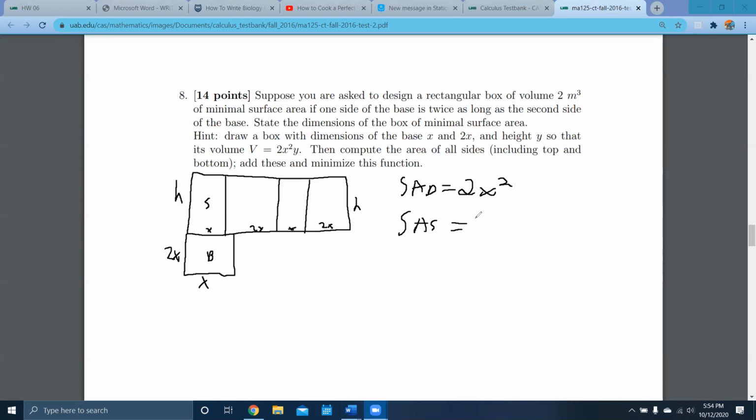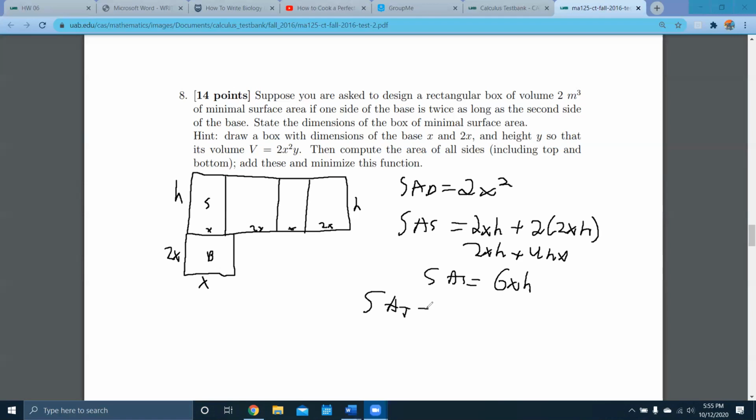So we're going to have 2xh plus 2 times 2xh, or 2xh plus 4xh. It's 6xh, and this is surface area of the side. So our surface area total is equal to 2x squared plus 6xh.